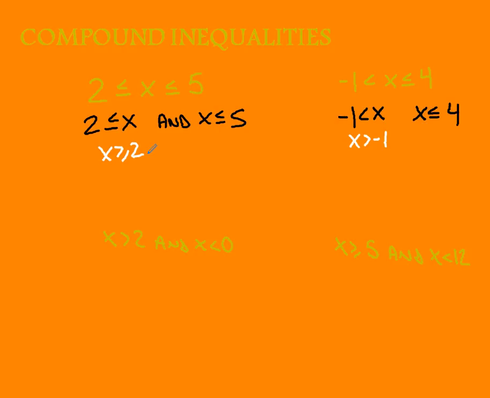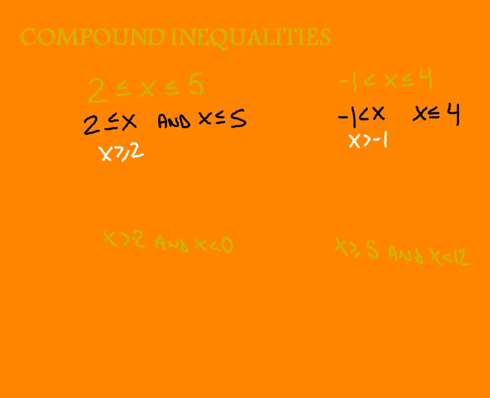Similarly, we can work backwards, and we can make two statements into one big one. The way I do that, with x is bigger than 2 and x is less than 0. Actually, I meant to make this a -2, not a +2. So x is bigger than -2 and x is less than 0.